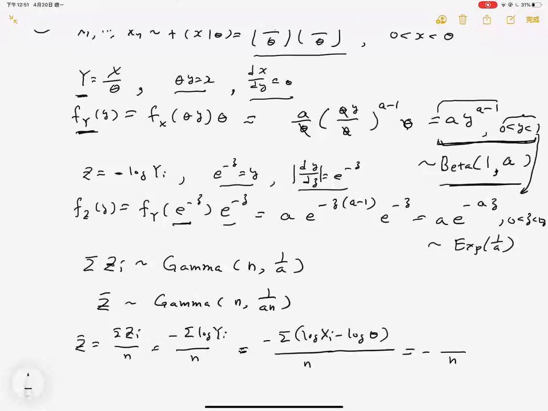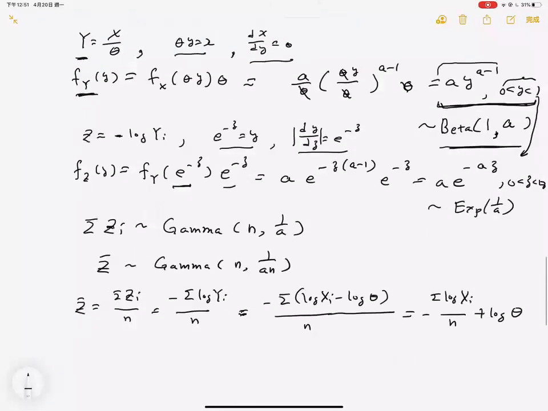So I can write that as minus the summation of log xi divided by n, then plus log theta. I think so. So I do have my theta right here. So that means I can use z bar as my pivotal quantity right now.